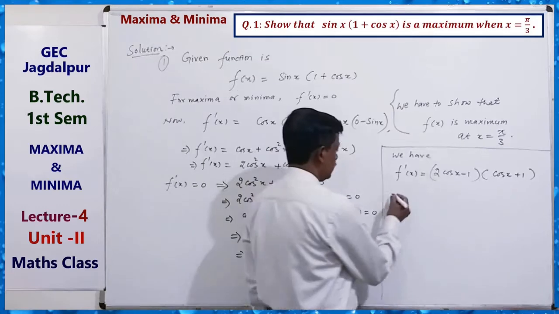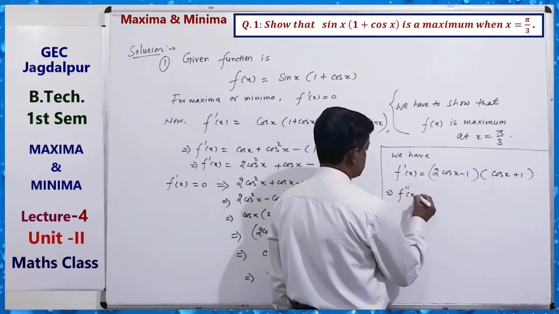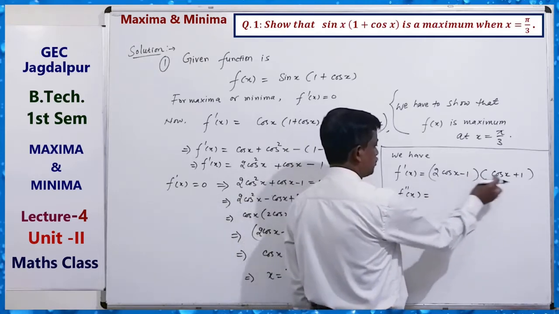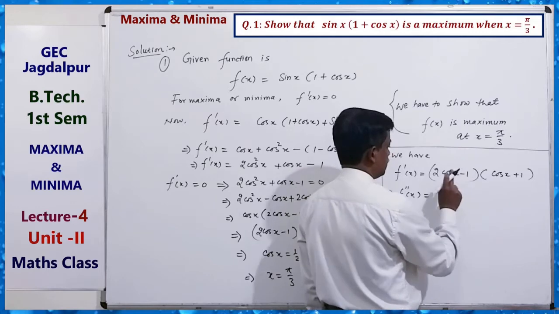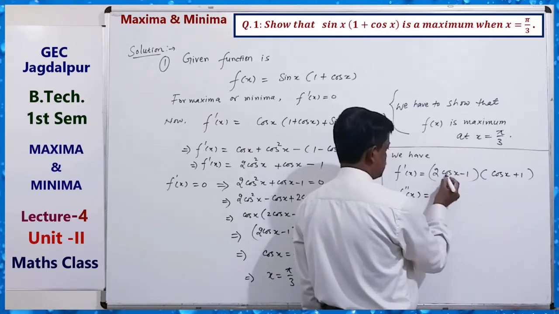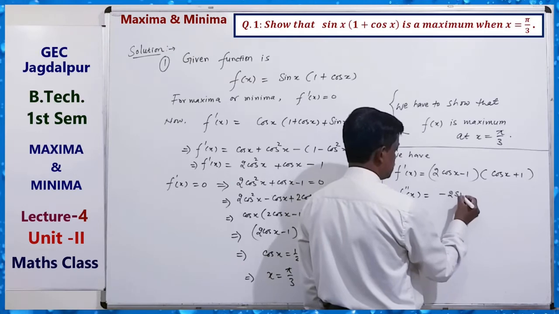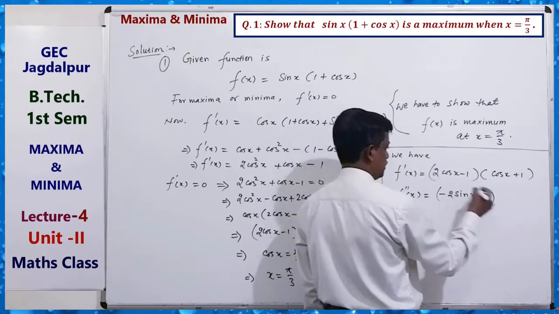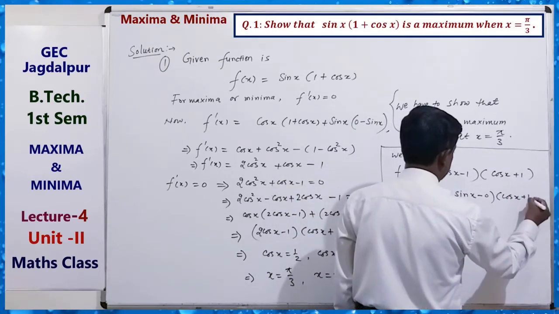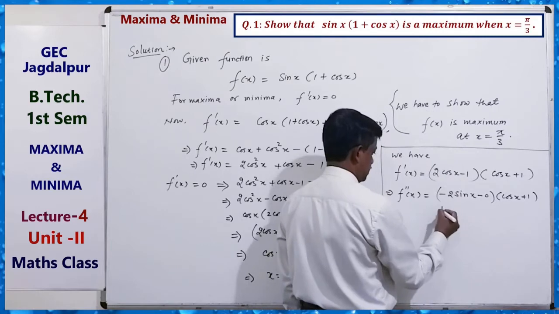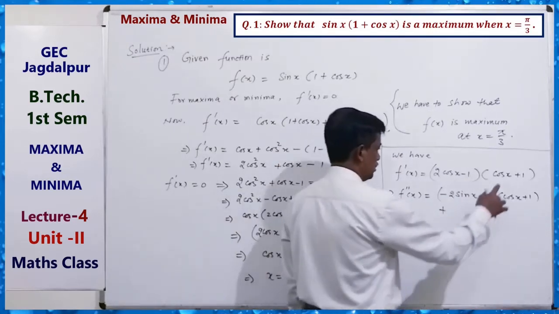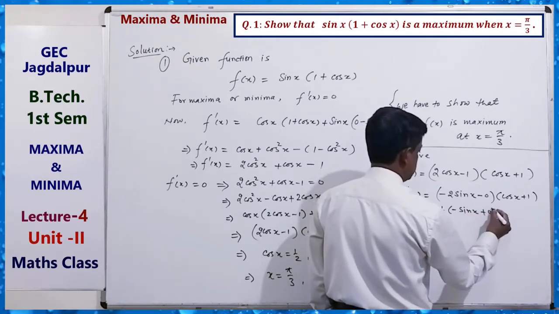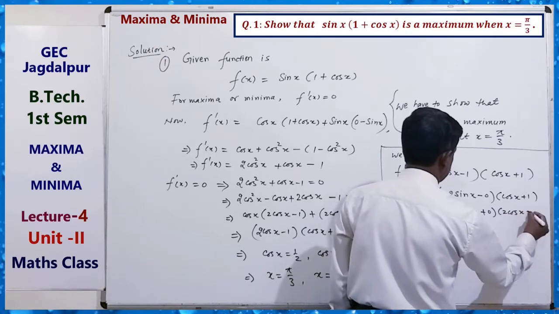Now from here, differentiate. It is a product of 2 functions, so differentiate the first: minus 2 sin x minus 0, times cos x plus 1, plus the differentiation of the second, minus sin x, plus 0, times 2 cos x minus 1.